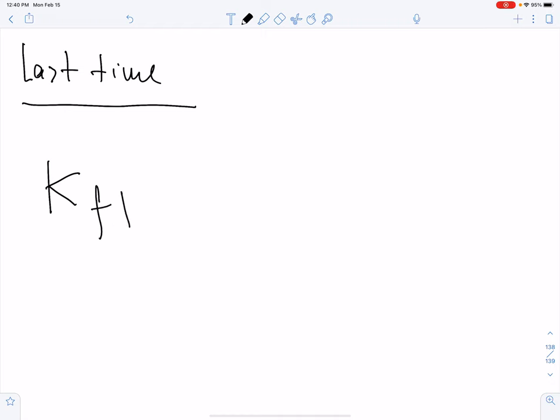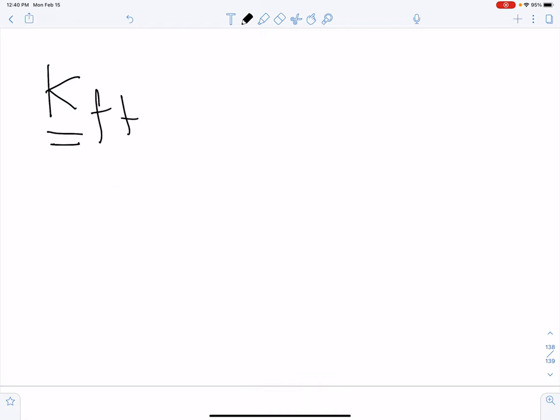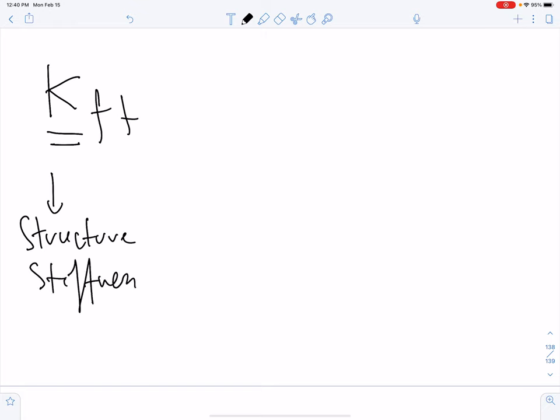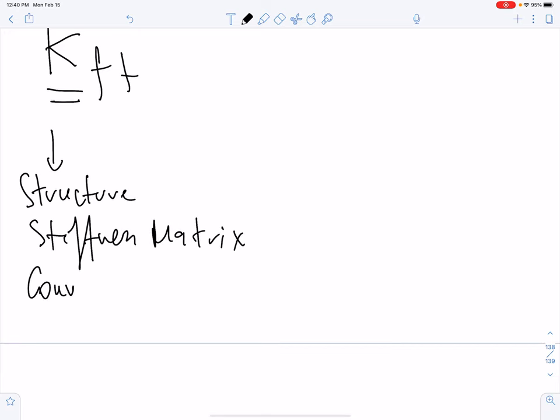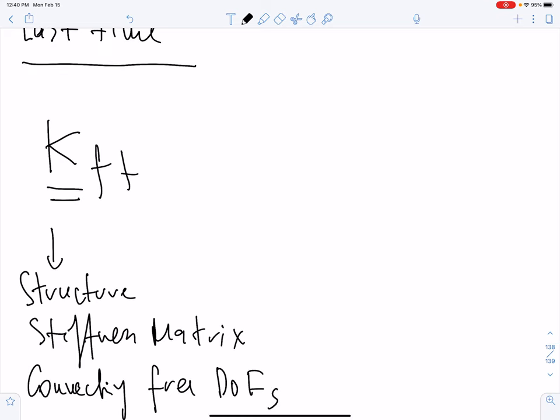Okay. So last time we arrived at the following relationship for a structure stiffness matrix, something we called KFF. Remember, this is a structure stiffness matrix connecting three DOFs, hence the subscript FF.